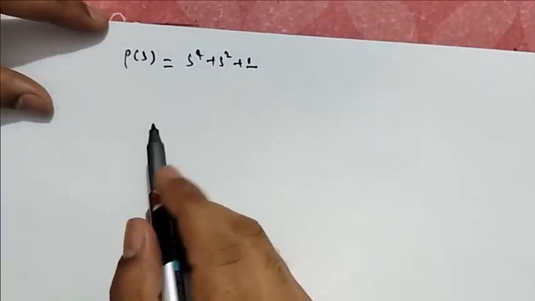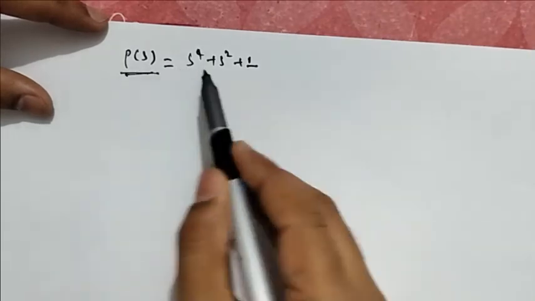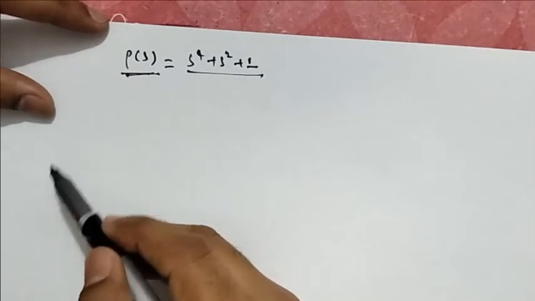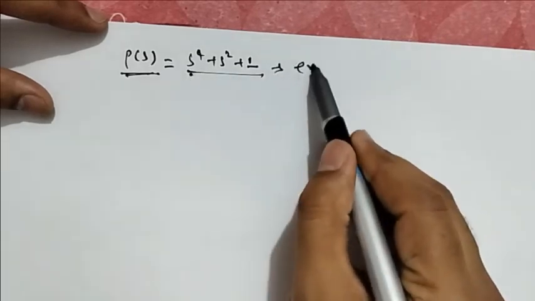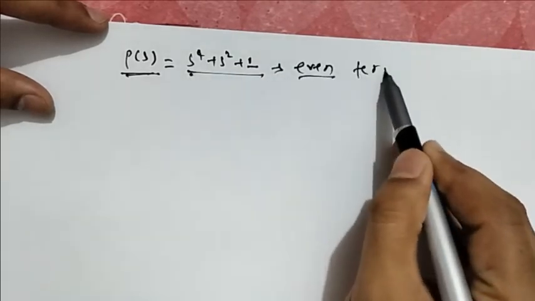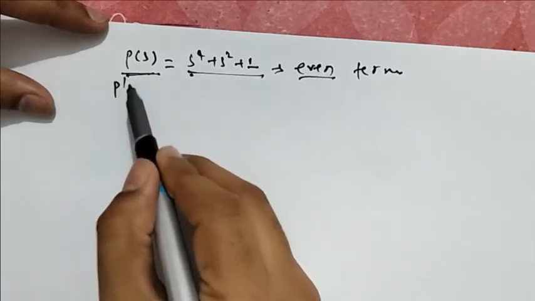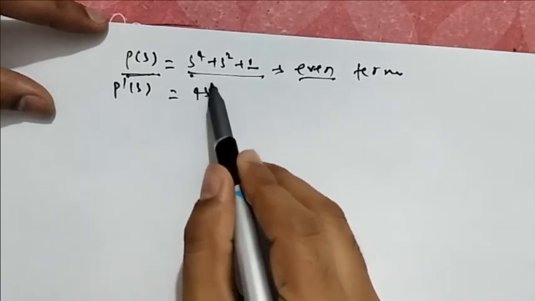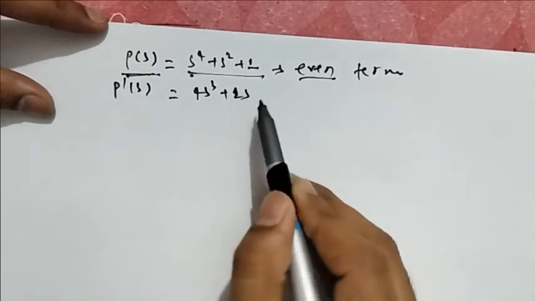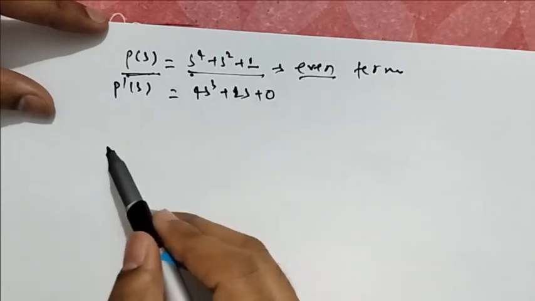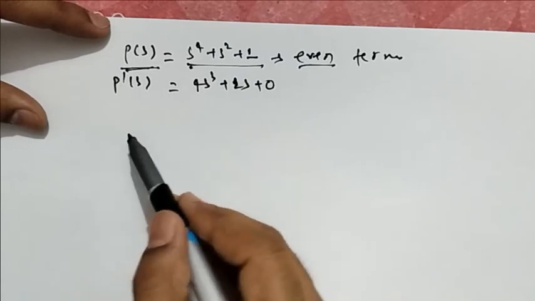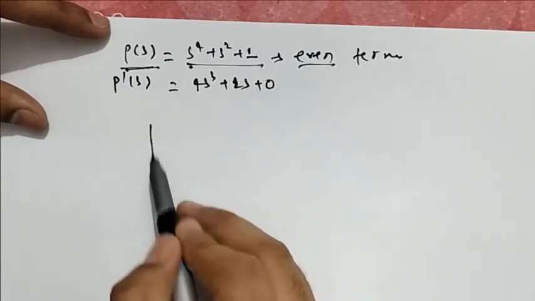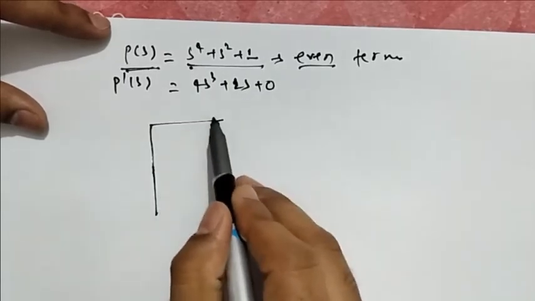Now we don't know how to proceed because we are not going to divide, there is only an even term. Then what we are going to do, we are just going to differentiate this function. It will be 4s cube plus 2s and then 0. Now if I do the division method, then it will be very tedious. Now solve it by this.